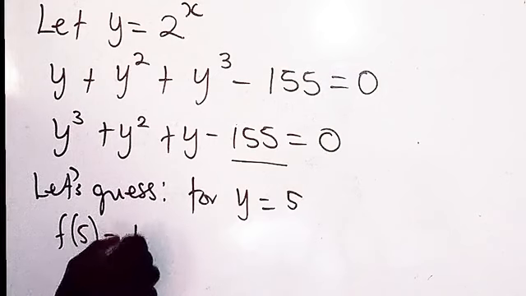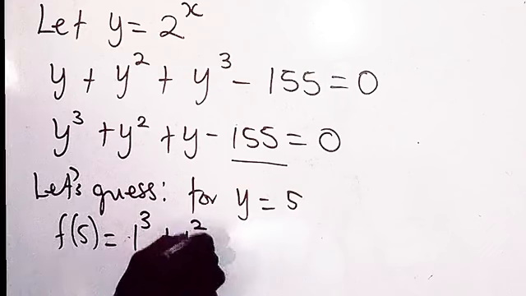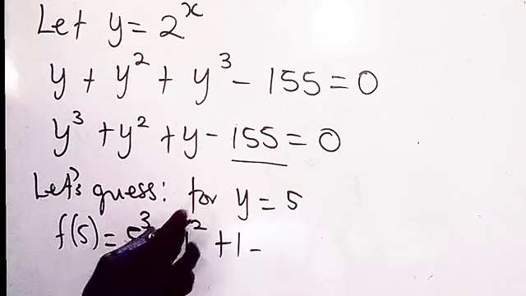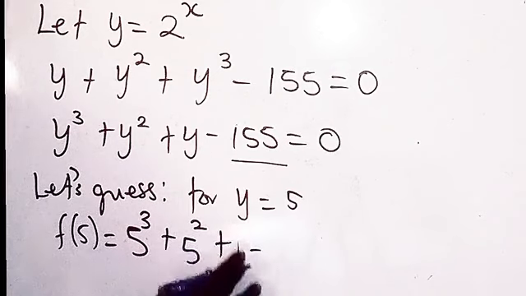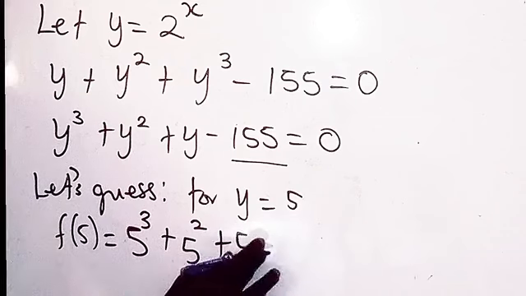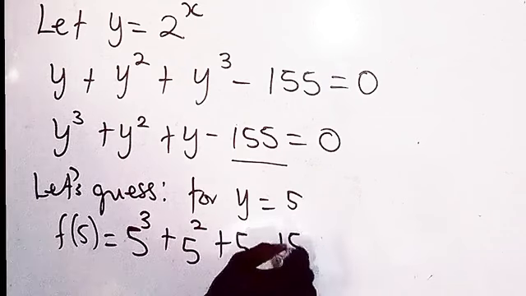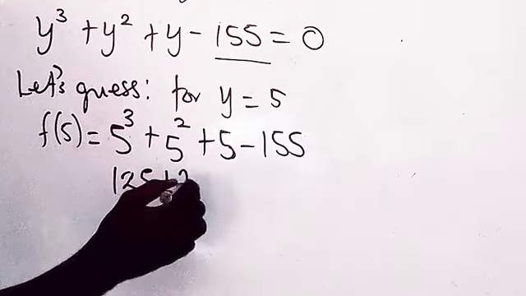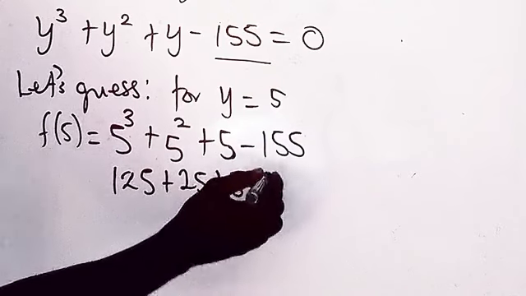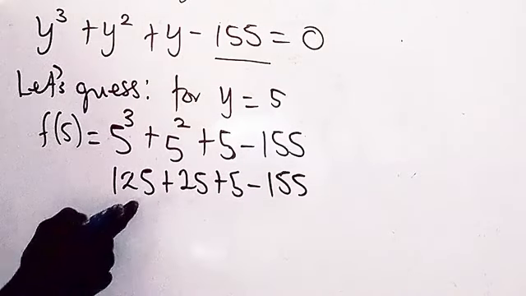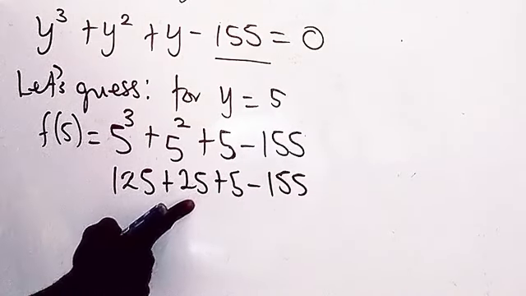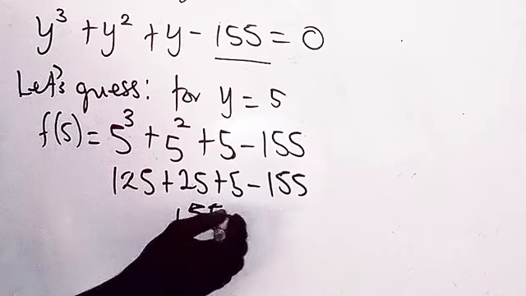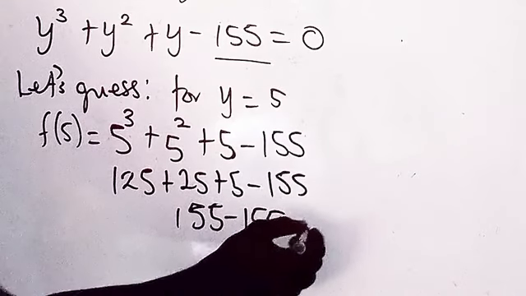We're going to have 5 to the power of 3, plus 5 to the power of 2, plus 5, minus 155. So you can see here we have 125 plus 25 plus 5 minus 155. So 125 plus 5 plus 25, we're going to have 150 plus 5. You can see 155 minus 155 will give us 0.